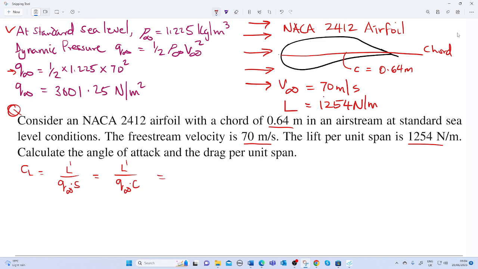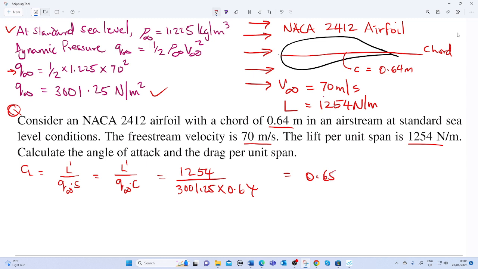That gives us 1254 over our calculated dynamic pressure, 3,001.25, times the chord length, 0.64. That gives us 0.65.